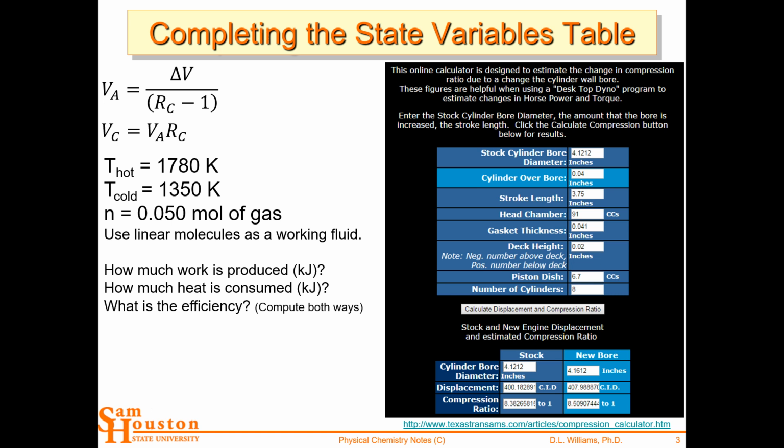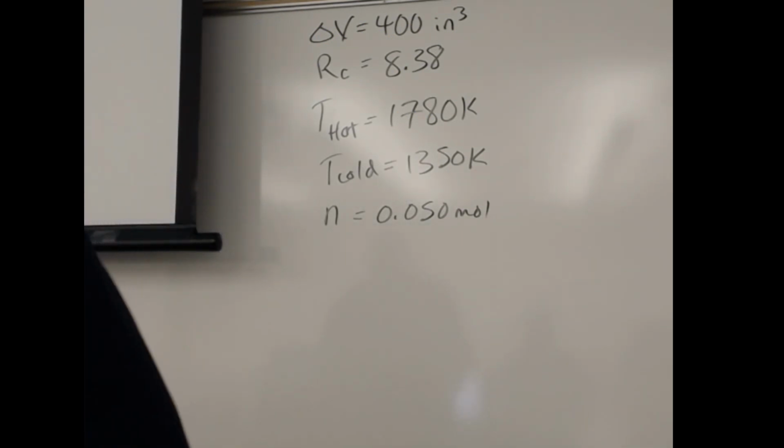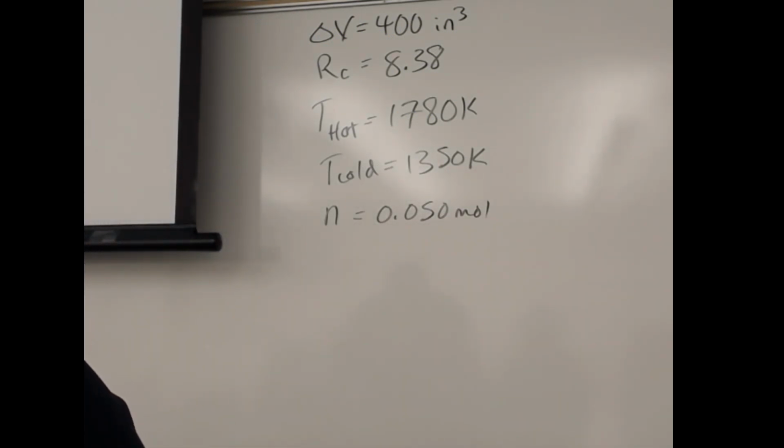So that's all we need to calculate all of the work and the heat and everything for this problem. We need to know how much work is produced in kilojoules, how much heat's consumed, and what's the efficiency. So let's flip over to the video, and then we can work on all the different calculations.